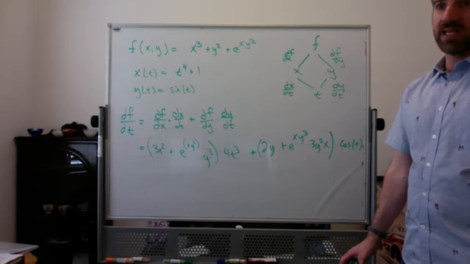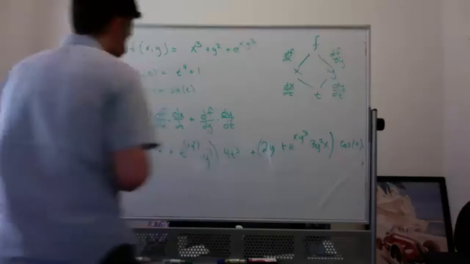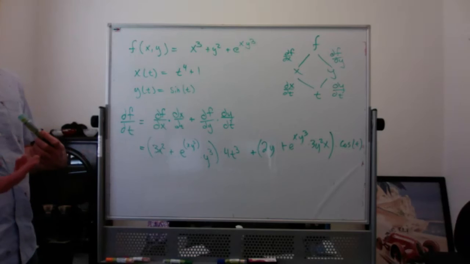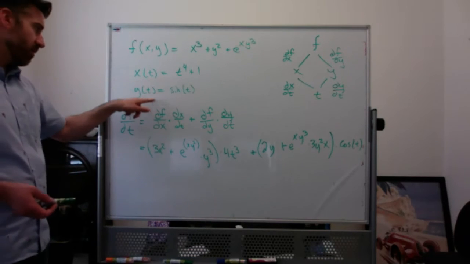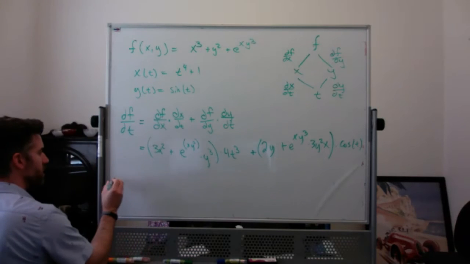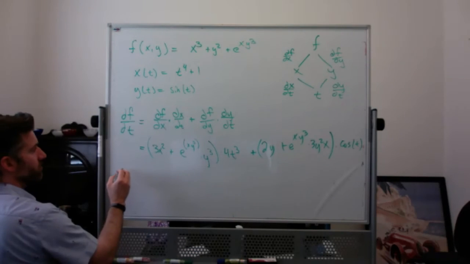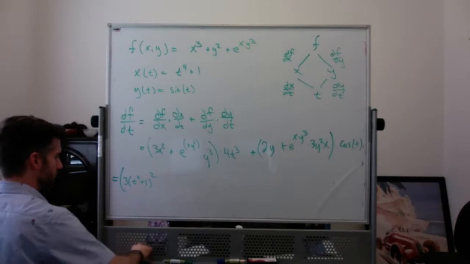Finally, my answer should actually only have the variable t in it. So I'm going to go back, and this is where it's kind of the tedious part. I'm going to replace every x with t to the fourth plus 1 and every y with sine of t. So my final answer here is going to be gross. It's going to be 3 times t to the fourth plus 1 squared, right?